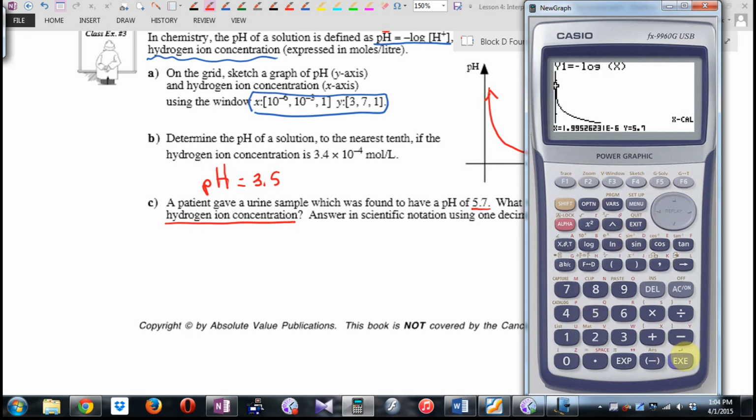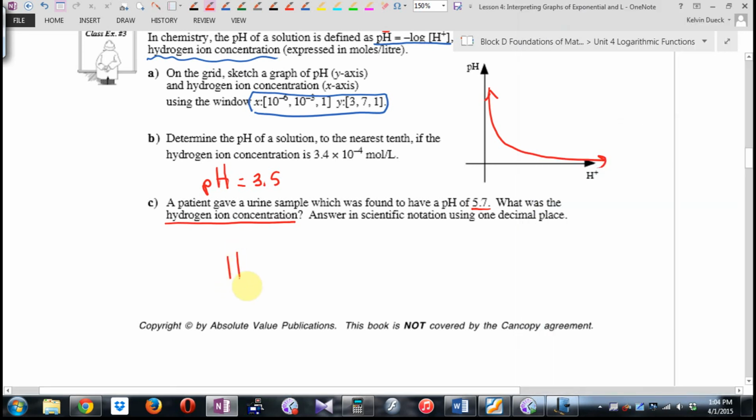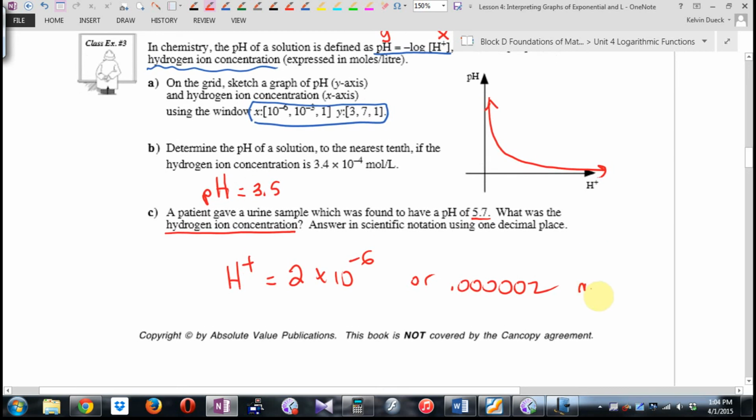Almost exactly 2 times 10 to the negative 6. That's what that little thing there means. E negative 6, or 0.00002. What are the units for hydrogen ion concentration? Moles per liter. By the way, I got that right from the question, right? In brackets, it says expressed in moles per liter.